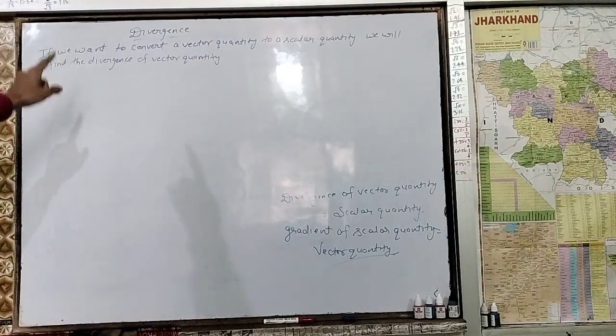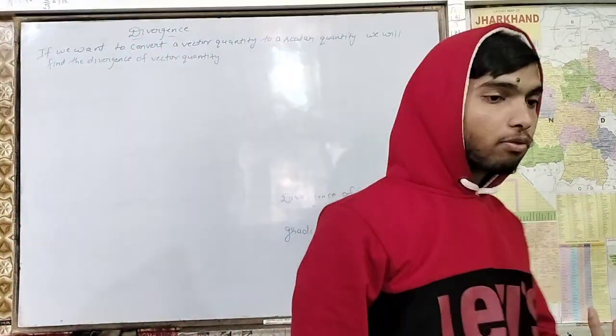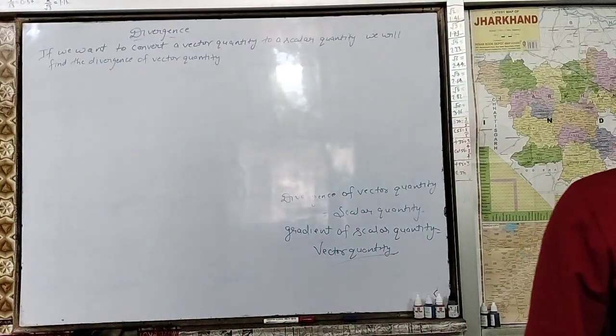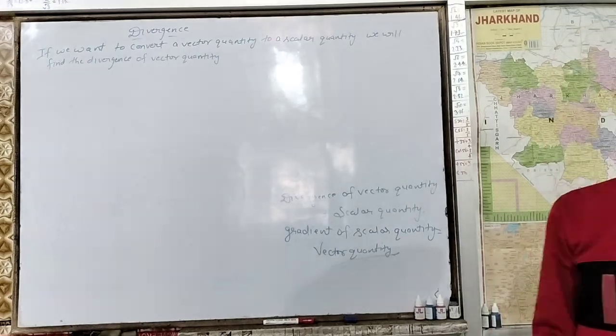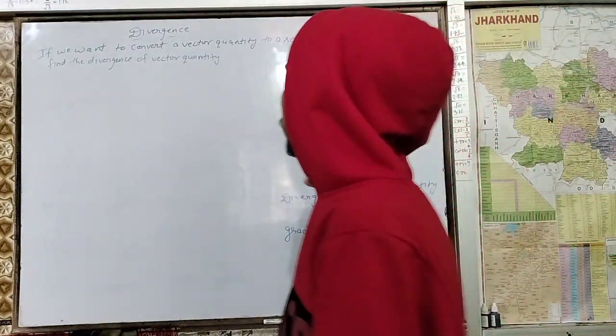That's why we use divergence. Divergence is used to convert a vector quantity to a scalar quantity.